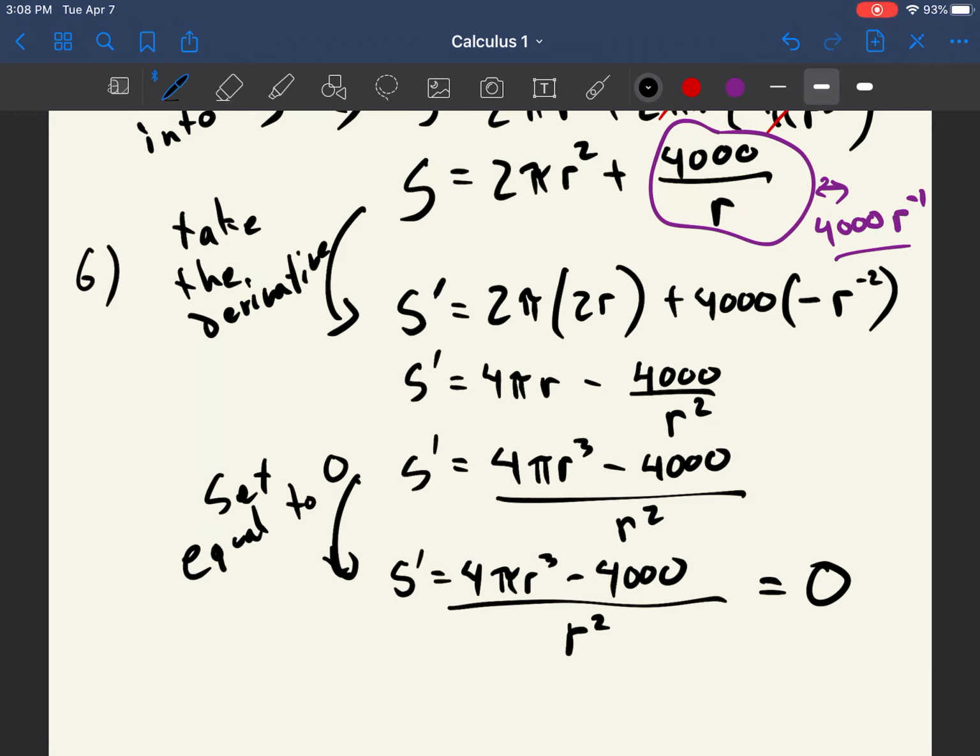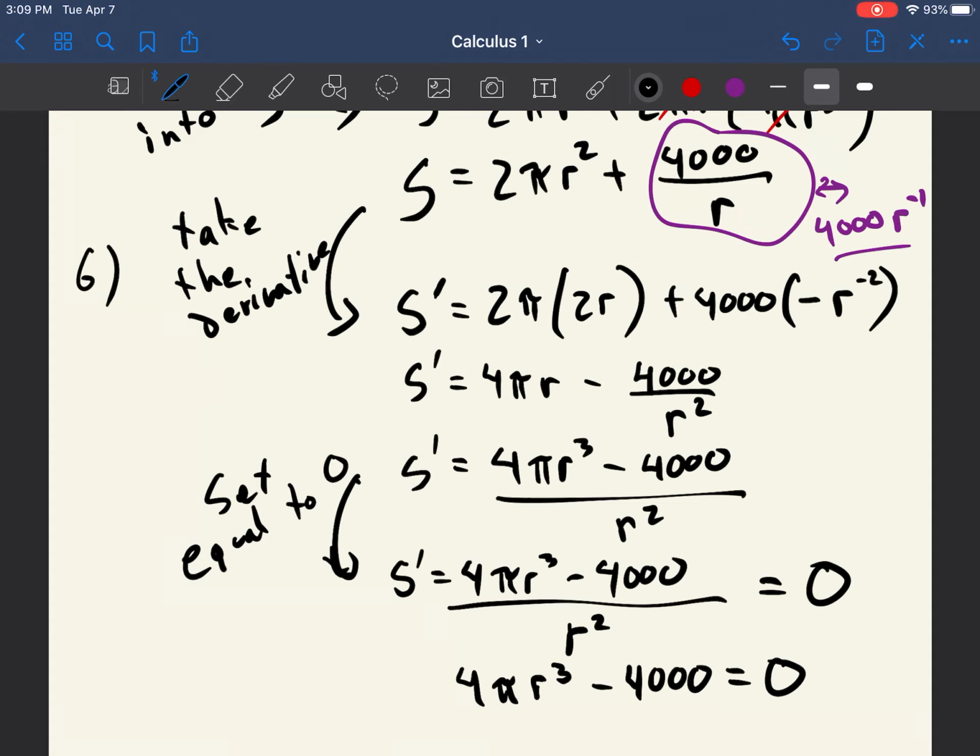A fraction like this is equal to 0 only when the numerator is equal to 0. You can think of it as multiply both sides by r squared. So this r squared gets canceled. Over here, if we multiply 0 by r squared, we still just get 0. So really we end up with 4 pi r cubed minus 4,000 equals 0.